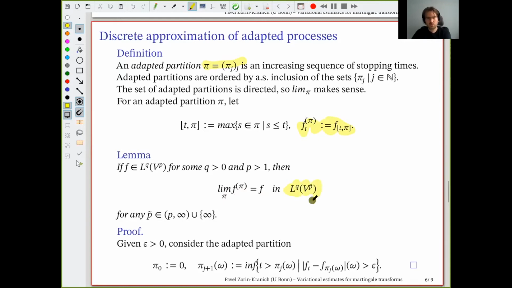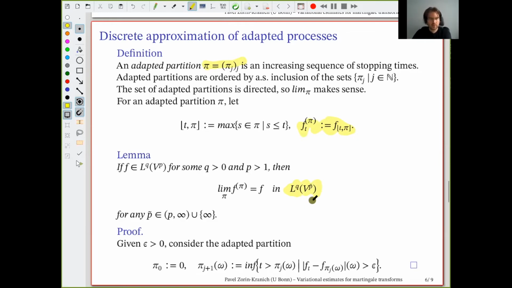If the original process was in L^q in probability with values in P variation in time, then this convergence is in L^q in probability and P tilde variation in time for any strictly larger P tilde.